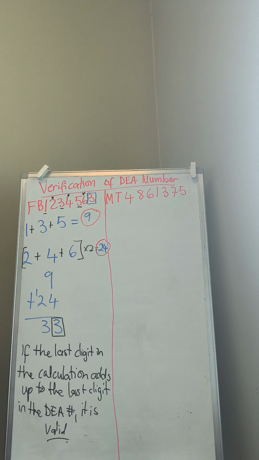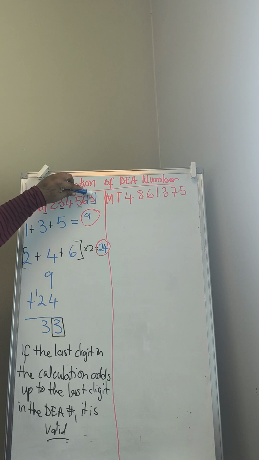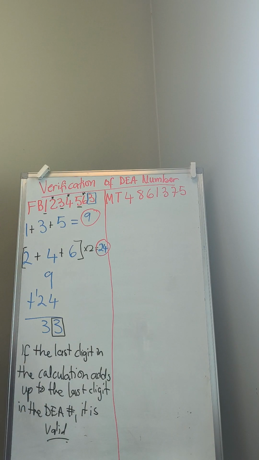So my last number here when we started was 3 in the box. I ended up with a 3 in the box. This DEA number is valid. Okay? Let's do the second one.